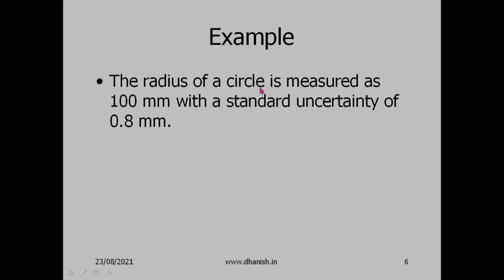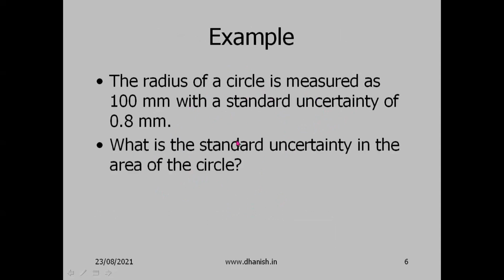So we'll do a simple problem. The radius of a circle is measured as 100 mm with a standard uncertainty of 0.8 mm. What is the standard uncertainty in the area of the circle? The radius of the circle is given, its standard uncertainty is given. So we have to determine the area of the circle and its standard uncertainty.